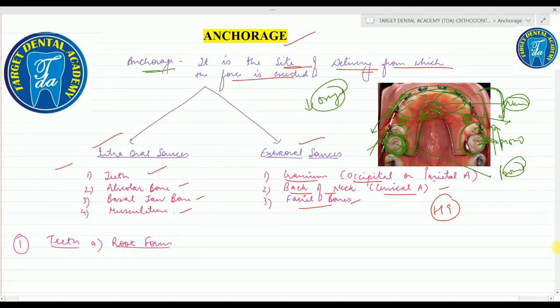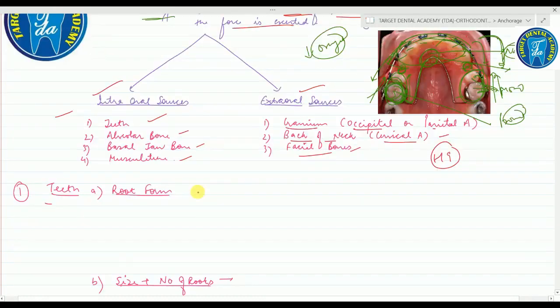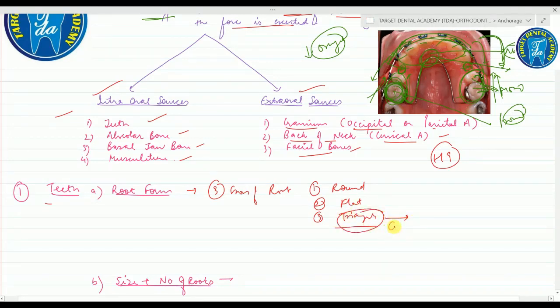Now we are going to discuss the intraoral sources first. First are the teeth. We have 3 types of cross section of the root: number 1 round, second flat, third triangular. The important point is that the triangular roots of the canine, maxillary central and maxillary lateral incisor offer the maximum anchorage.